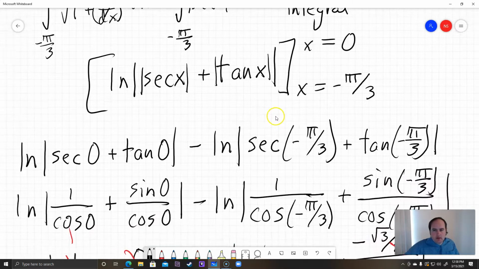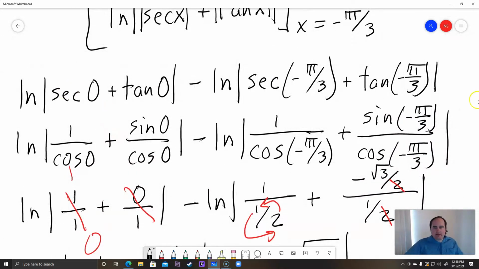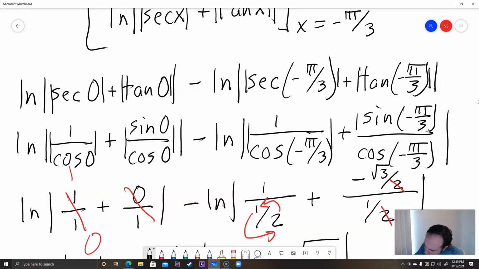Right? And so what's going to happen here is I just have a bunch of absolute values now, because all this stuff is supposed to be either 0 or positive. Okay, so let me put absolute values around all of it.